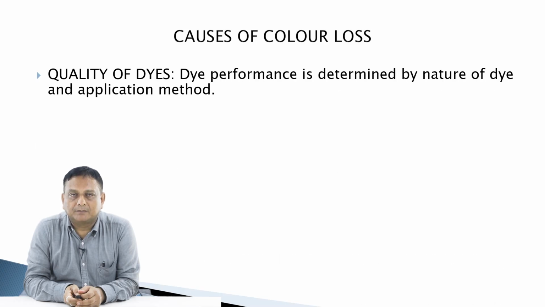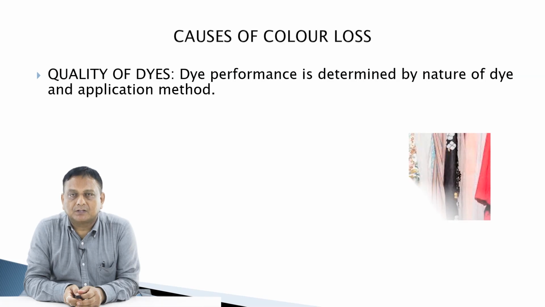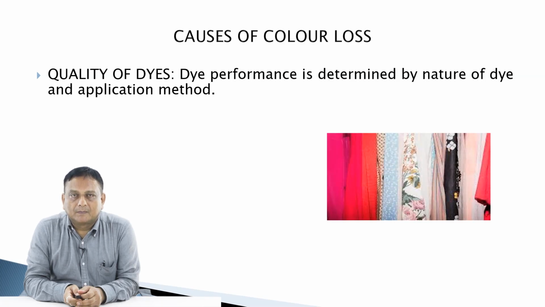Sometimes after washing, the color is bleeding from the garment. It depends upon the quality of dyes. Dye performance will be determined by the nature of the dye and the application method. So one of the causes of color loss is the dye. Improper dyes, which will be washed out easily, should not be used.